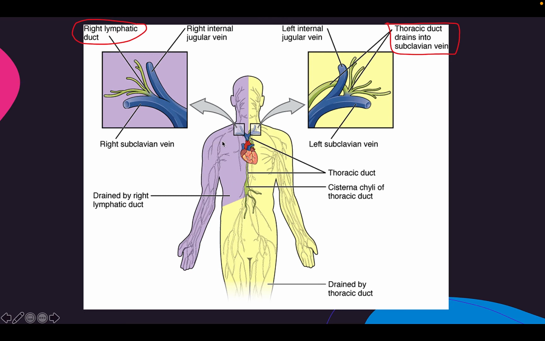And then the lymph from the rest of the body enters through the thoracic duct, drains in, then into the subclavian vein. So when you think of right lymphatic duct, think of right upper body. When you think of left or thoracic duct, you can think of basically everything else. So left upper body and also lower body.